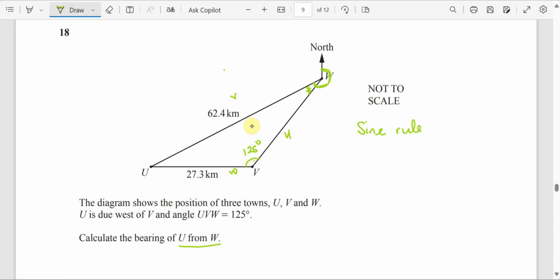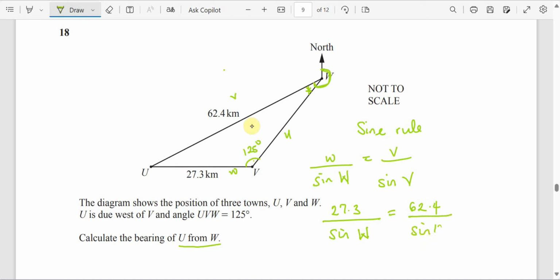So we have w over sine W equals v over sine V. There won't be need for us to use u because we don't have the side for u and we also don't have the angle. So we just use this. w is 27.3 over sine W, that's what we're looking for, and v is 62.4 over sine 125. So we're going to cross multiply.